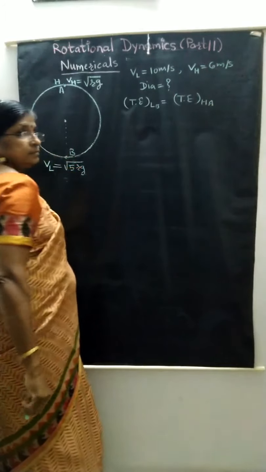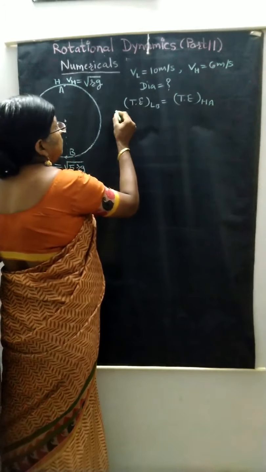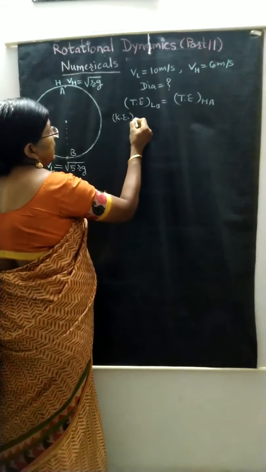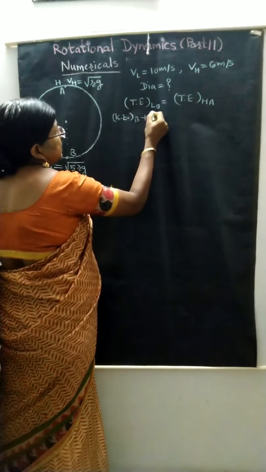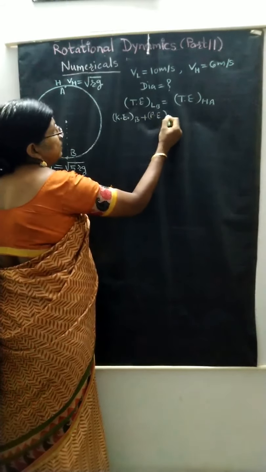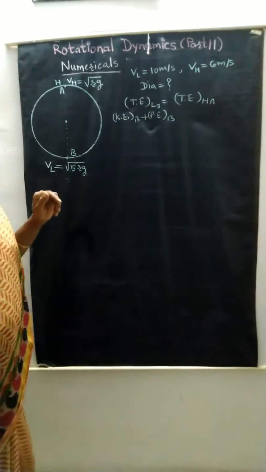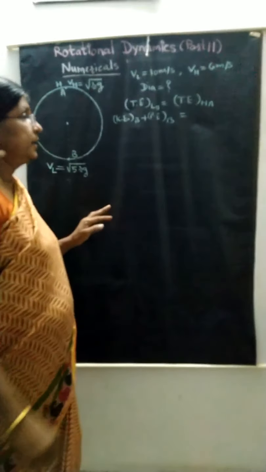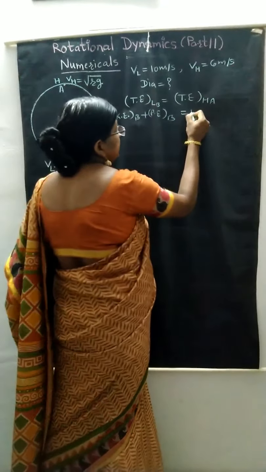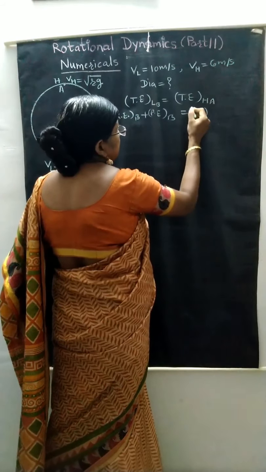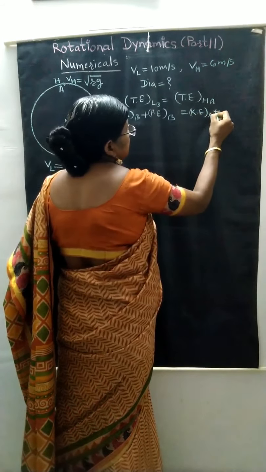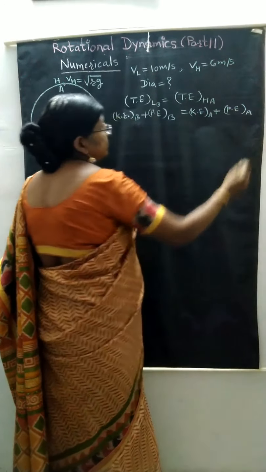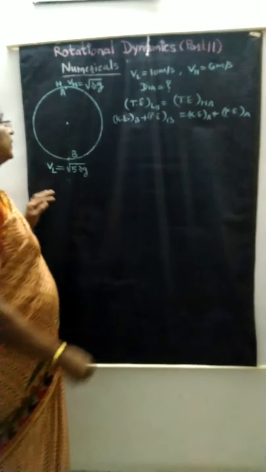Now it is the sum of kinetic energy at point B plus potential energy at point B is equal to total energy at point A, means kinetic energy at point A plus potential energy at point A, means highest point.